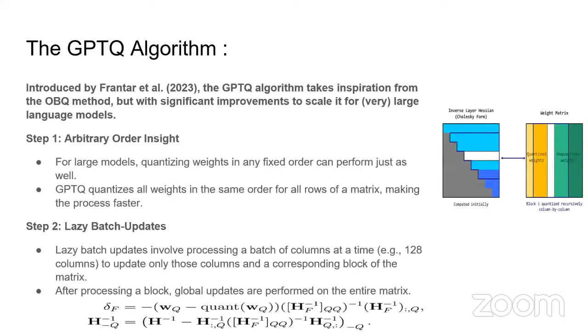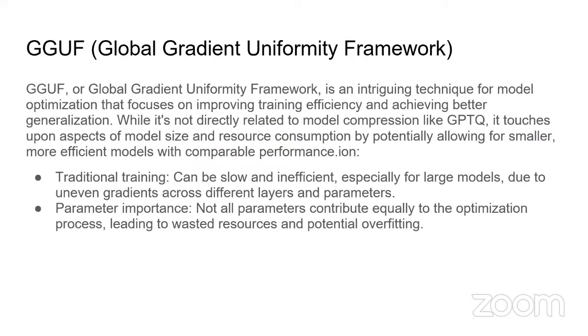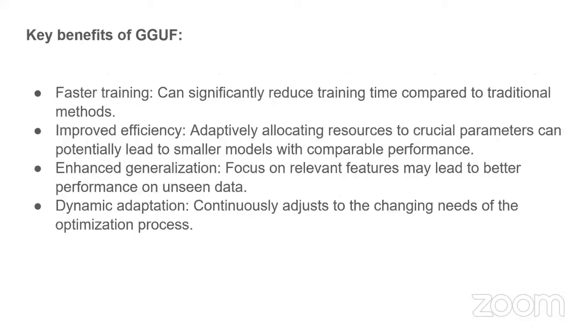We have seen the algorithm with respect to GPTQ. Then we have seen GGUF, that is Global Gradient Uniformity Framework, and we have understood how GGUF works. Now we have seen the key benefits of GGUF.